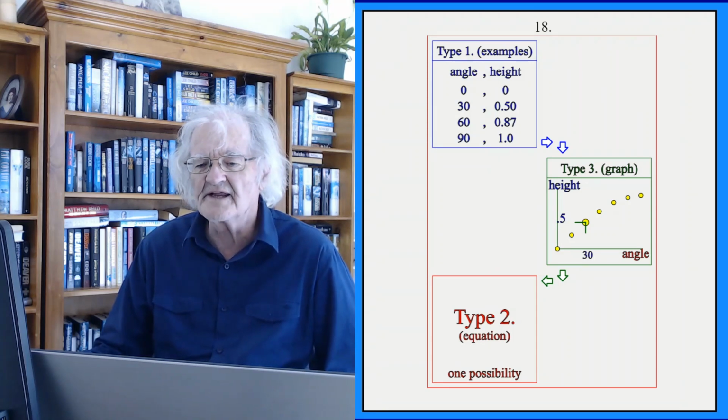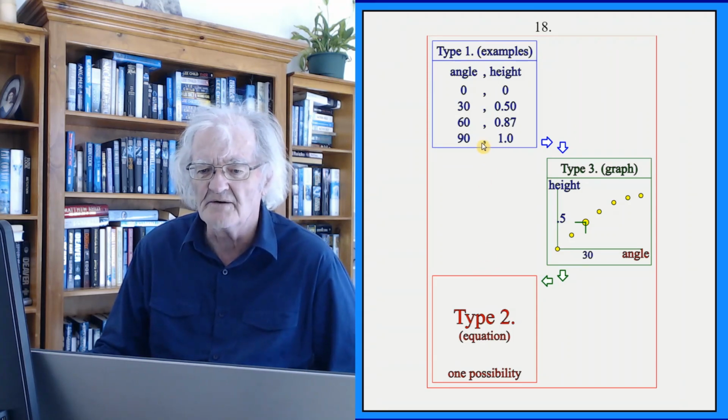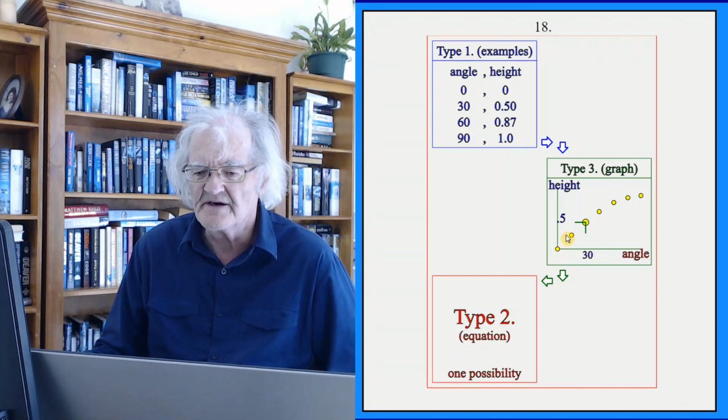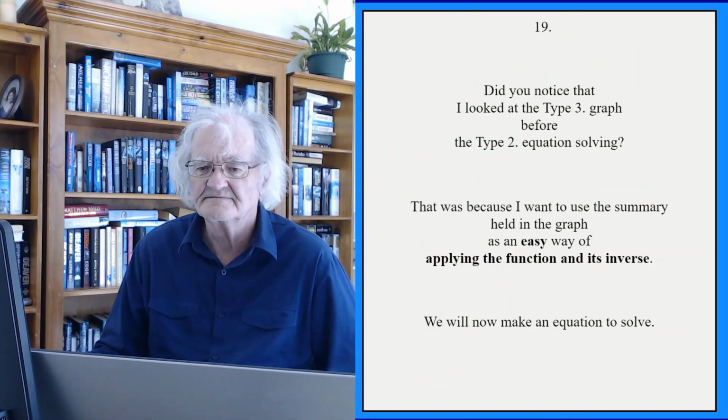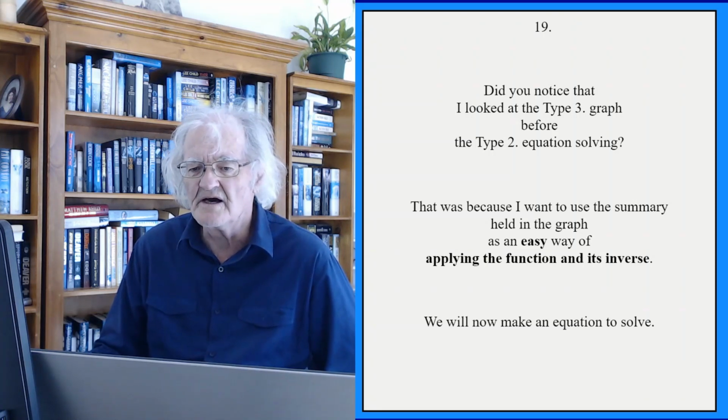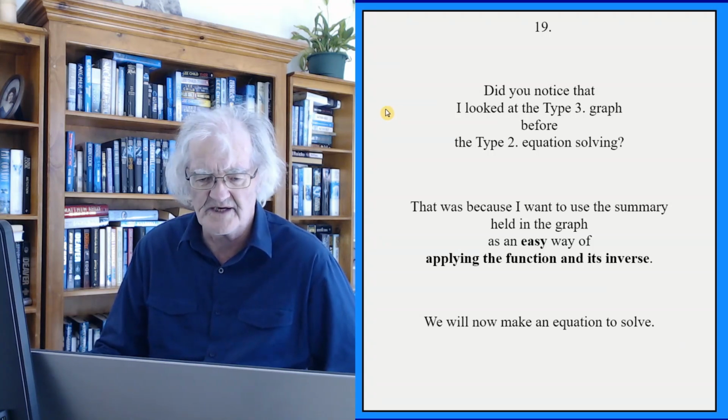So when we look at our overall template, type 1, samples, type 2, those samples have enabled us to draw a graph. Did you notice that I looked at the type 3 graph before the type 2 equation solving?